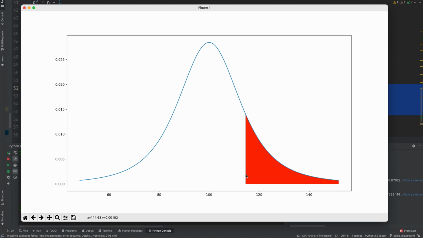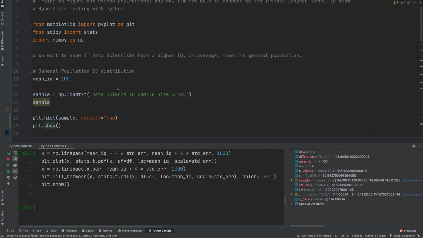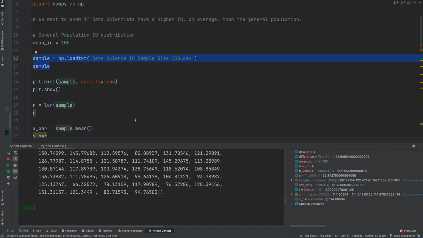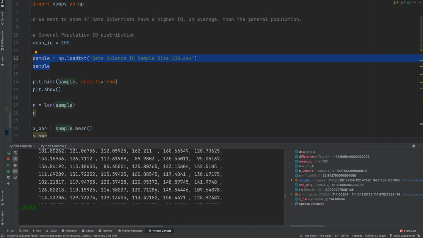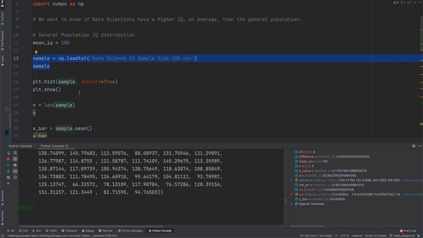So we're going to go ahead and do this whole thing again, except this time we're going to grab a different sample size of 100. So if I go ahead and run everything again, I'll show you the power of having a bigger sample. So we have all of our samples there.